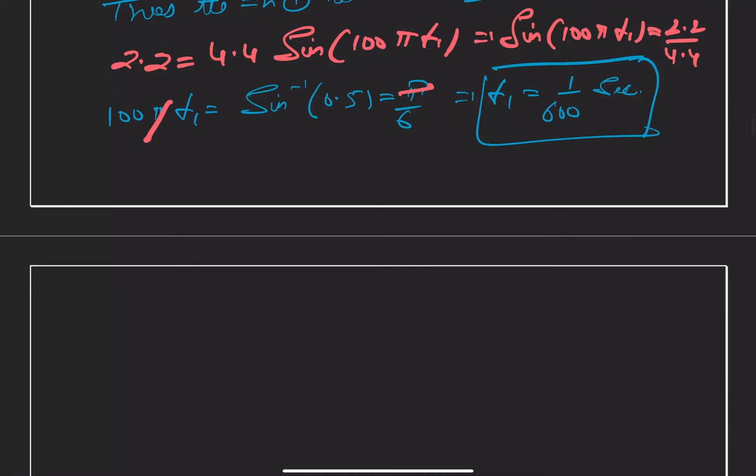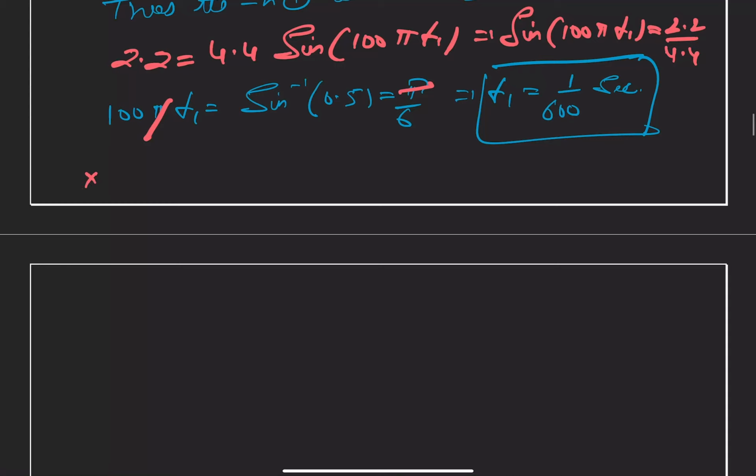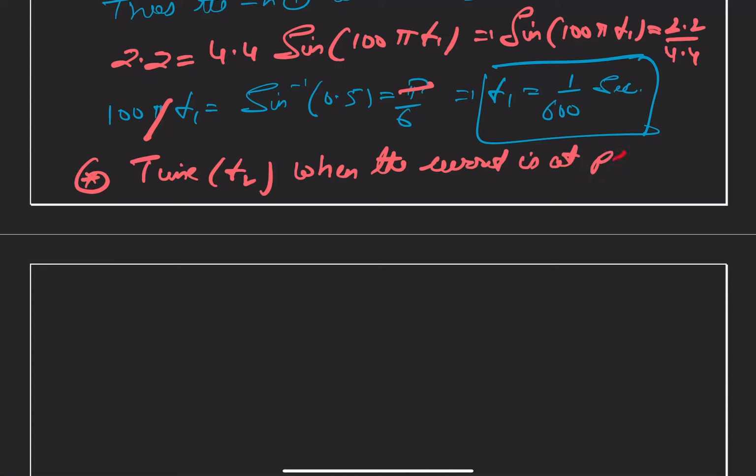Now we are going to find the time at which the current has its peak value. Let us suppose that time is t2, when the current is at peak.